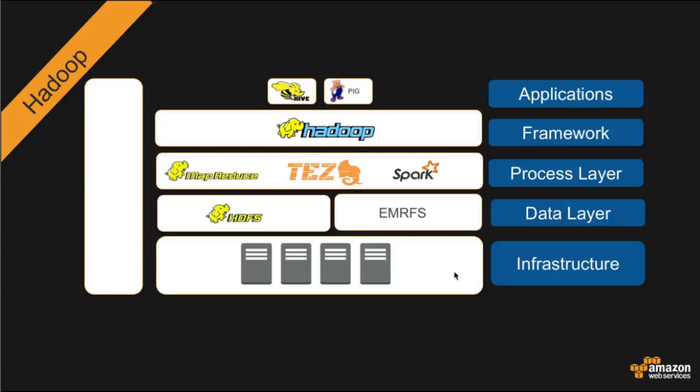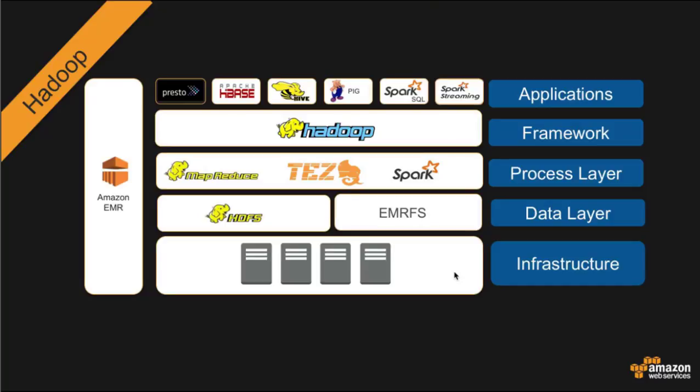So when we are looking at the complete picture, there are a lot of applications that run on top of a Hadoop cluster, which involve things like Presto or Apache HBase or Hive or Pig. There are also Spark SQL and Spark Streaming, all these variations of applications that you could run based on your business need.